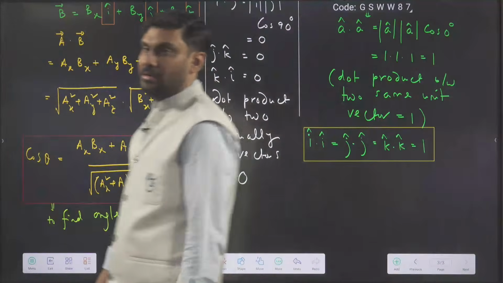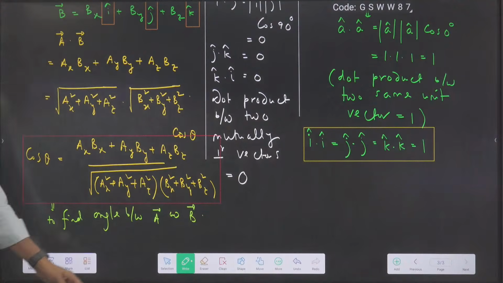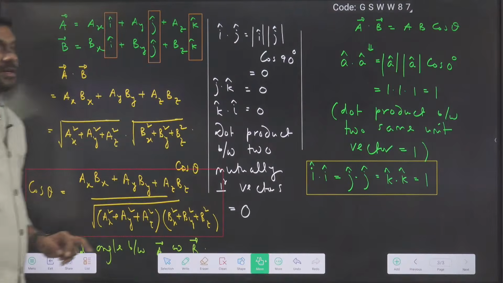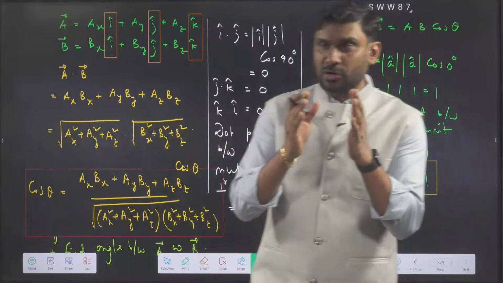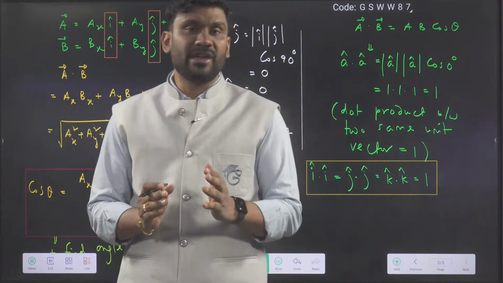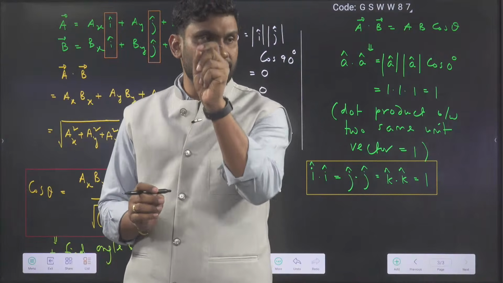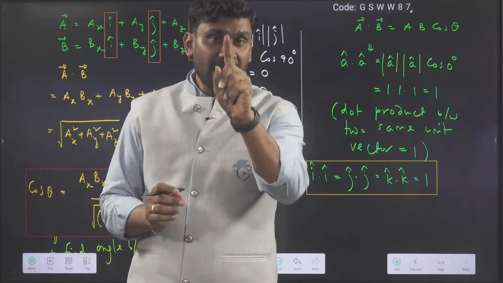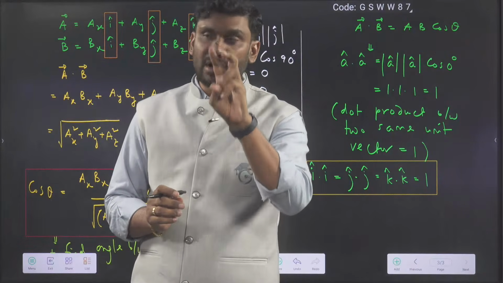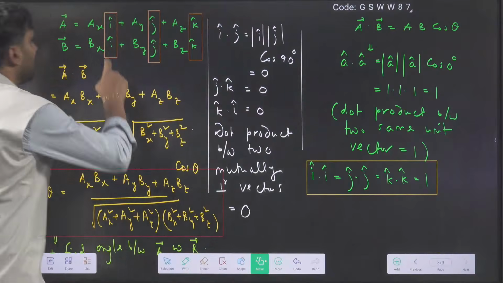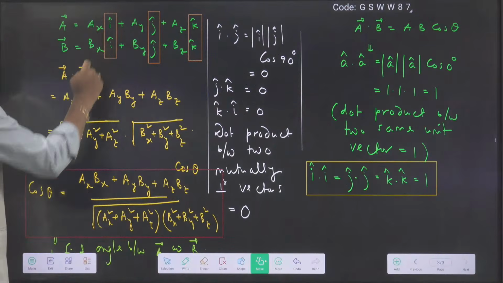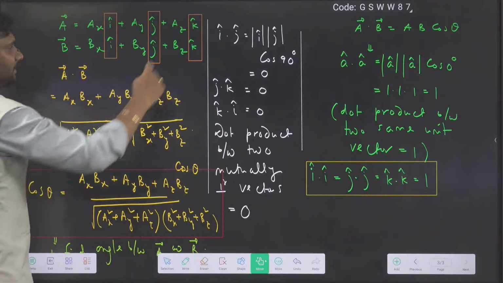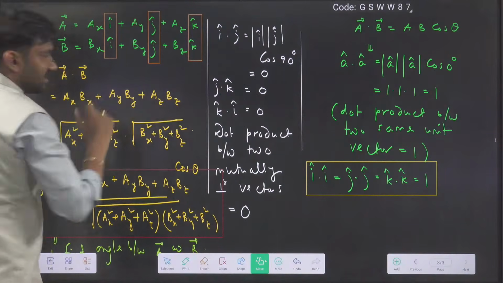Yes, I will say. Don't worry. So I am doing the dot product of A vector and B vector. While doing it, we only concentrate on i with i, j with j, and k with k, because all other combinations will give you 0 result. i with i gives 1, j with j gives 1, k with k gives 1. So we get AX BX, AY BY, AZ BZ.